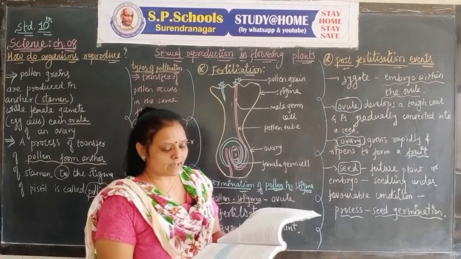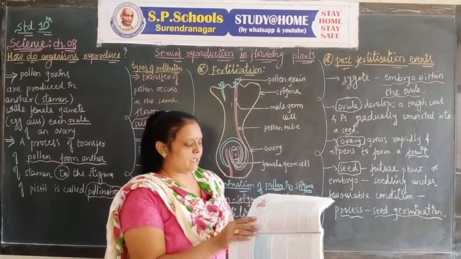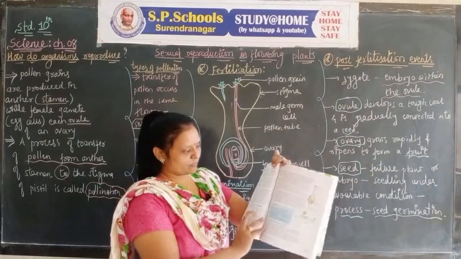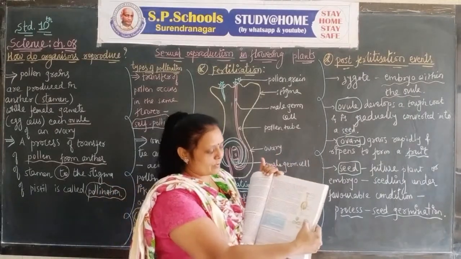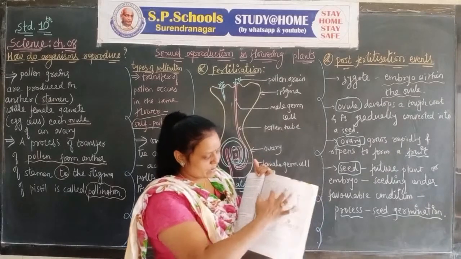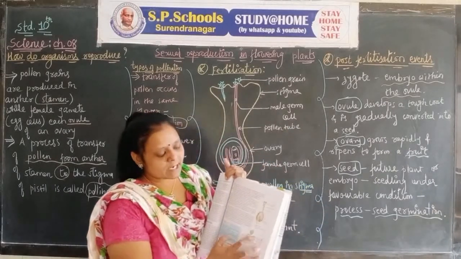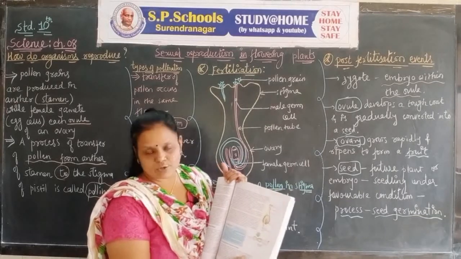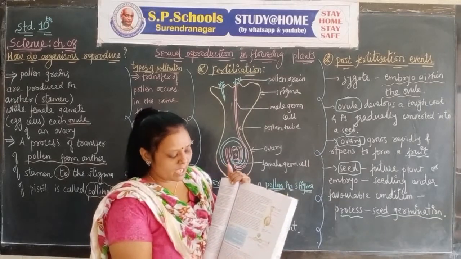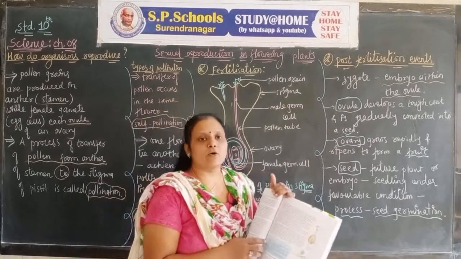So here we can see the longitudinal section of flower and the germination of pollen on stigma with the theory, and you have to draw the diagram of germination with the example of chana.